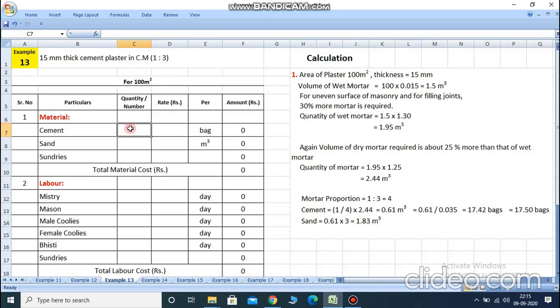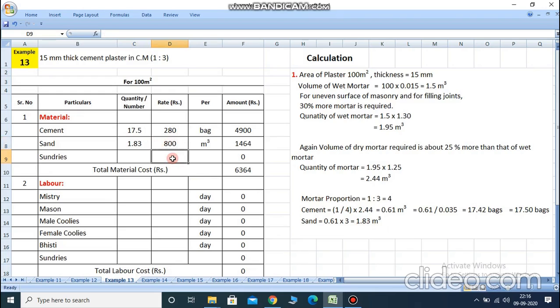Now with the values of the cement and sand quantity, we write here. 17.5 bags is required, and 1 bag rate is 280 rupees, and the sand quantity is 1.83, which we already calculated, at 800 rupees per meter cube rate of the sand.